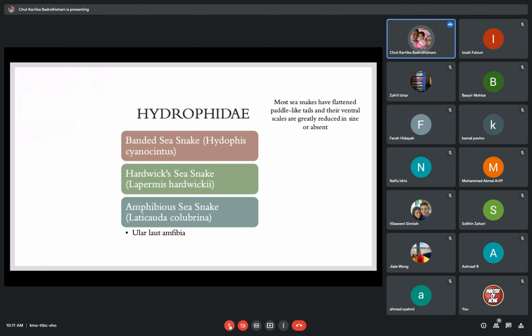So Hydrophidae, the last family of snakes that I'm going to cover. Most sea snakes have flattened paddle-like tails, and their ventral scales are greatly reduced in size or absent.